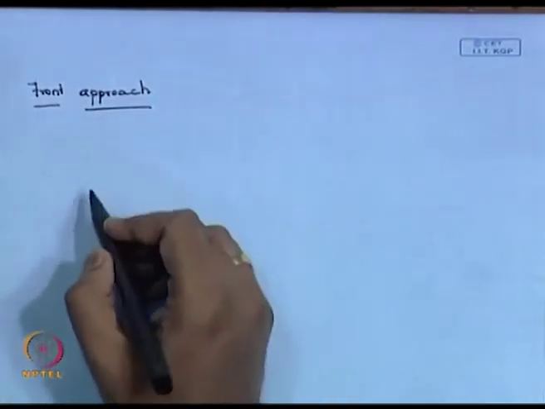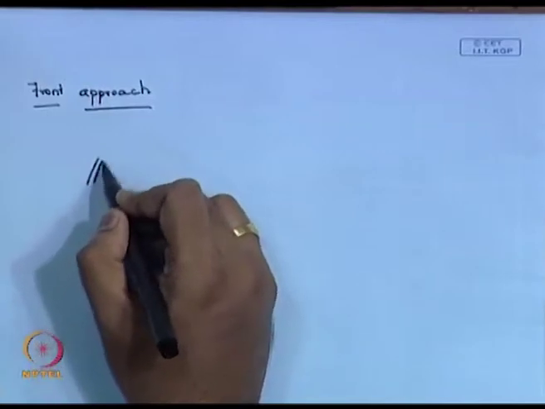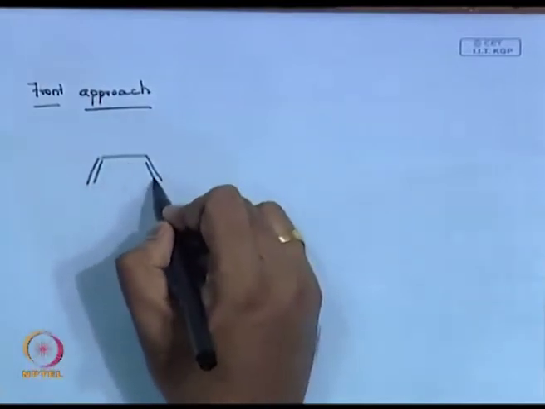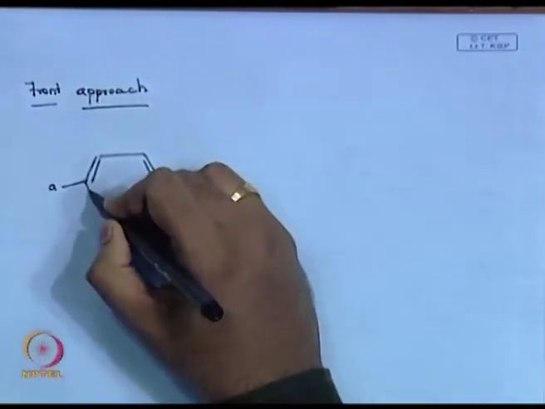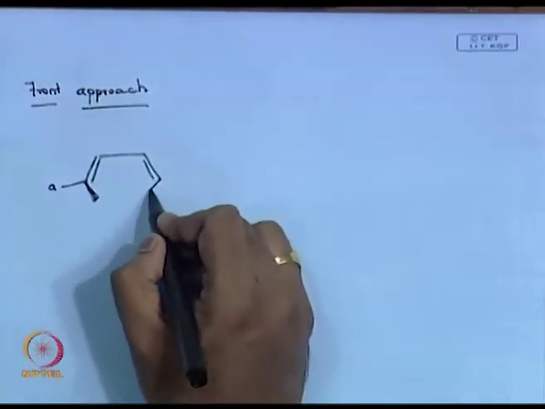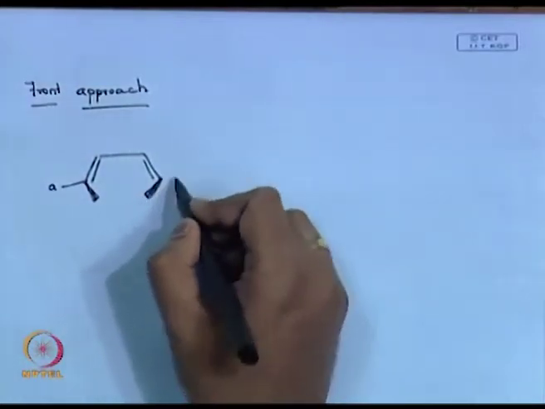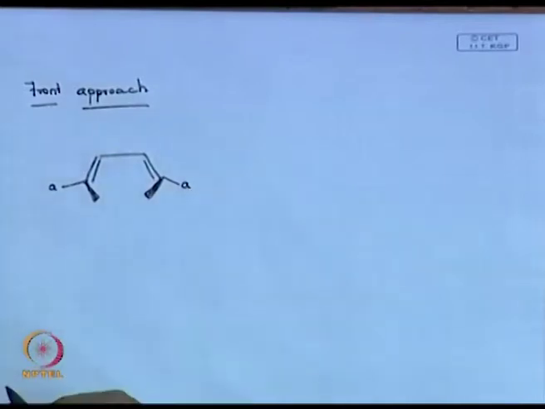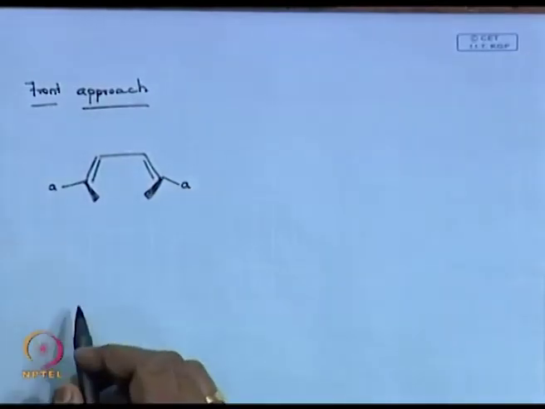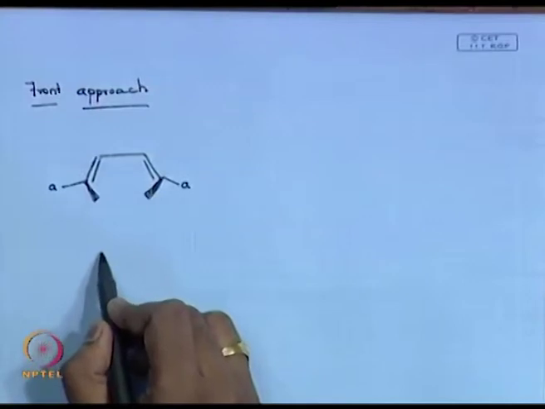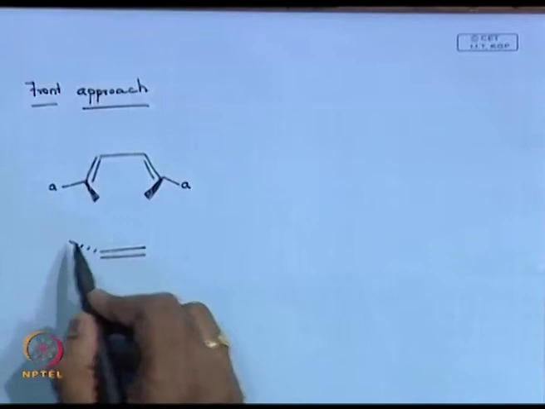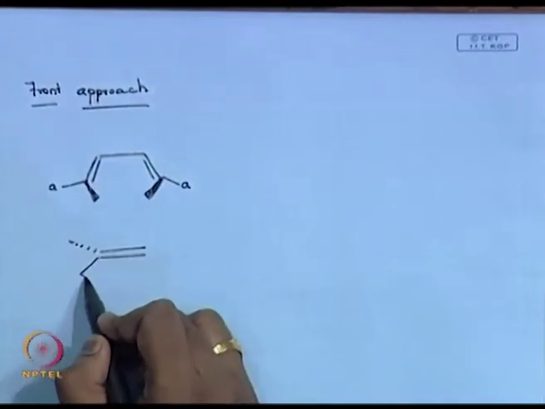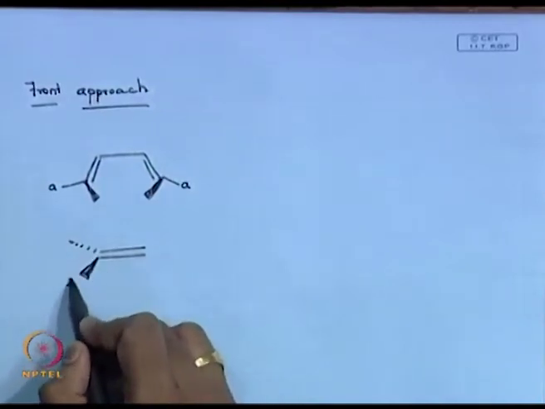For example, I am taking a diene with a substituent A, or another substituent A. Now, I can think about my alkene, one can be B.